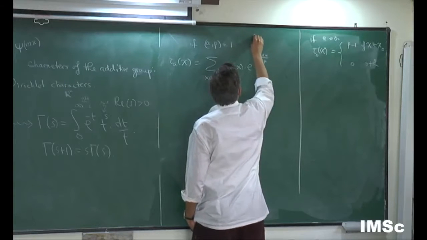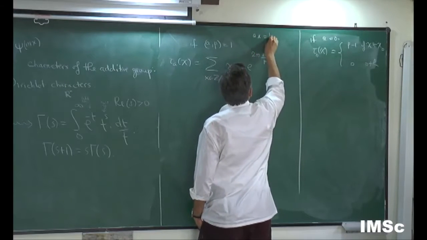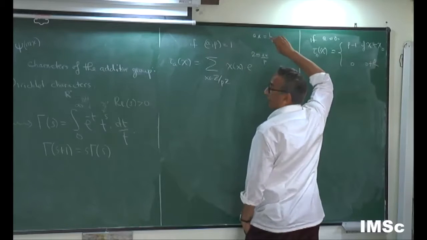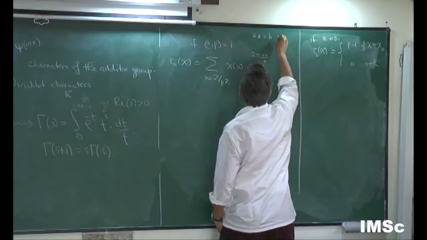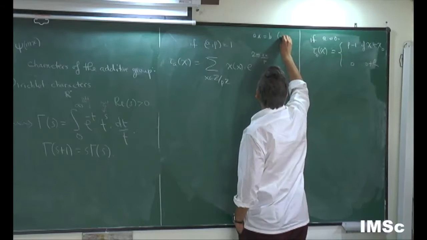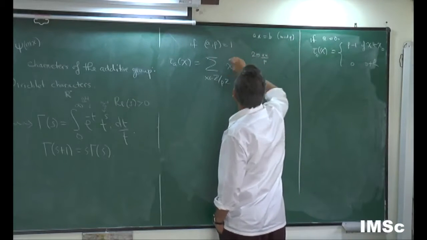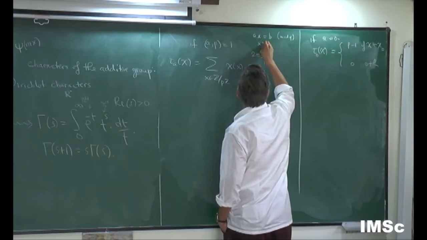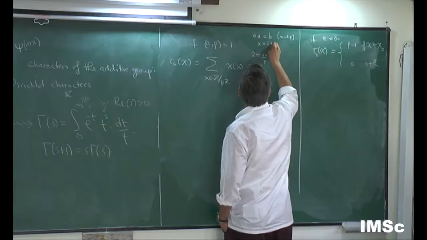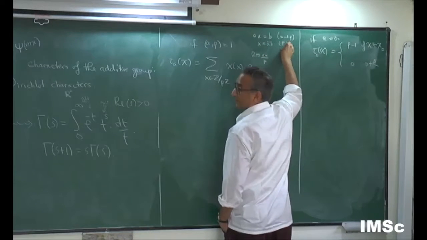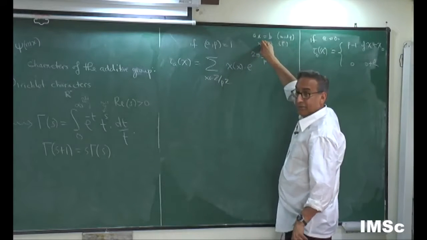What I'm going to do is set ax mod p to be b. a is not 0, a is relatively prime, so that means x has to be a inverse b, mod p, because a is not 0.